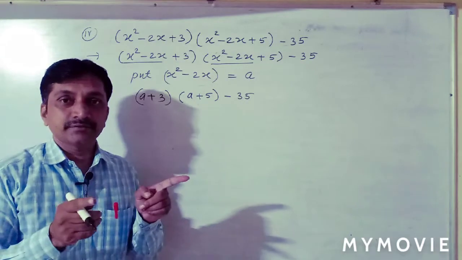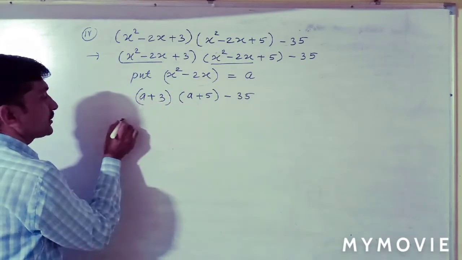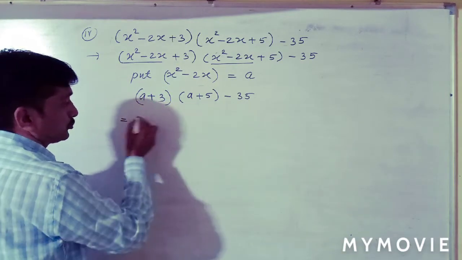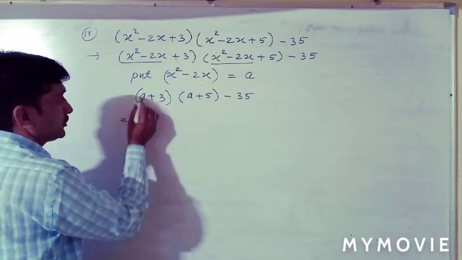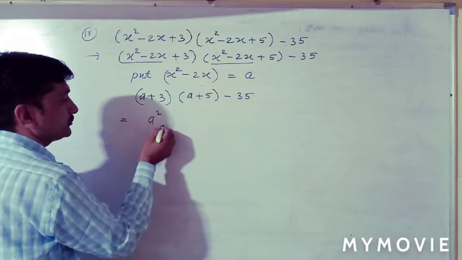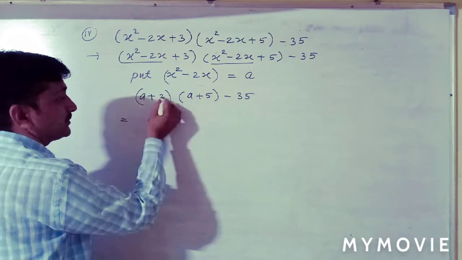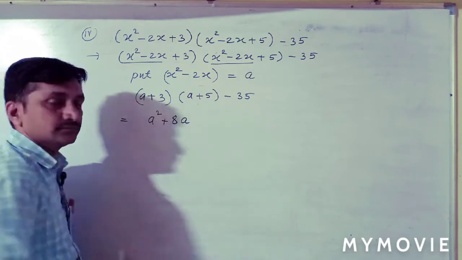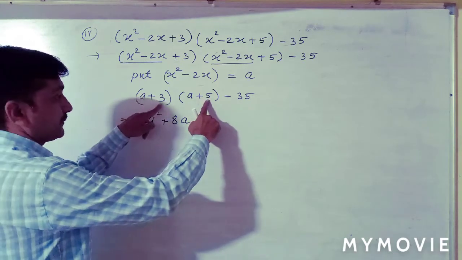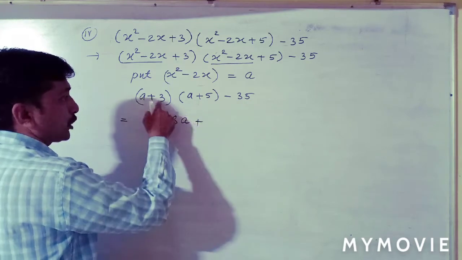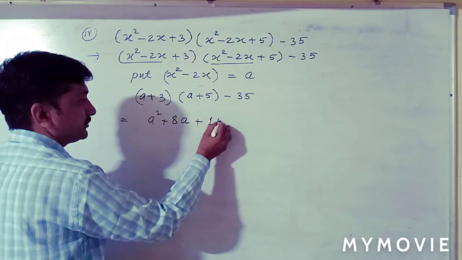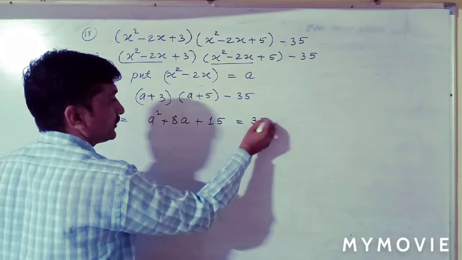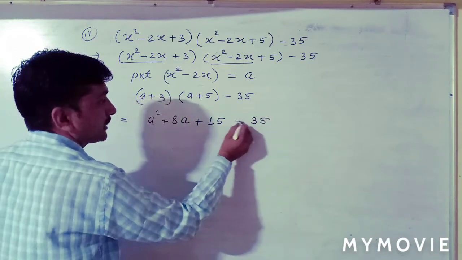Again two brackets are there, multiply. Now what will be the expansion of this? a square plus 5 plus 3, 8a, addition 5 plus 3, 8a, plus the product of these, 5 3s are 15, minus 35.